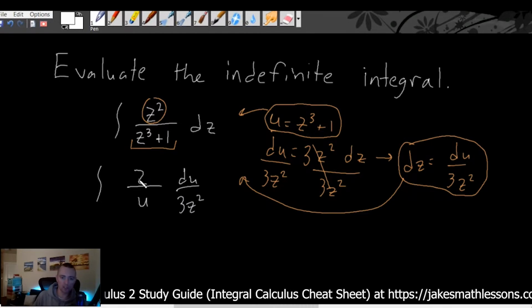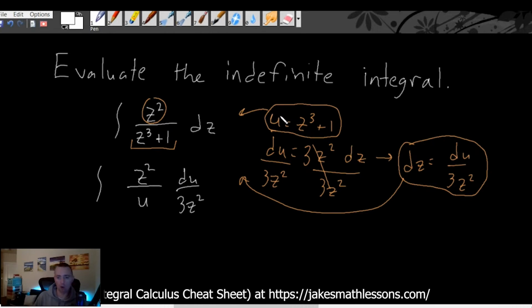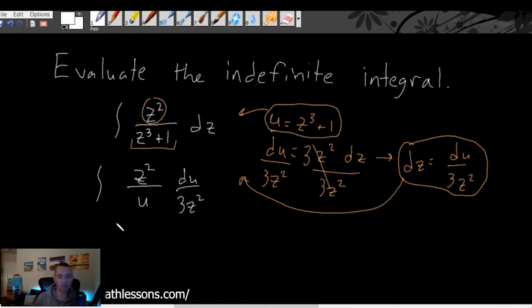Now we still have a z squared on the numerator. There isn't going to be a nice way that we can figure out what z squared is in terms of u. But that might be okay, depending on how this is going to simplify based on our dz term.